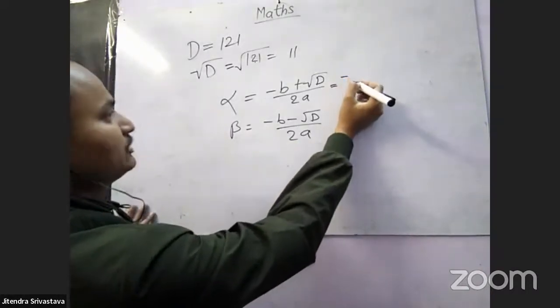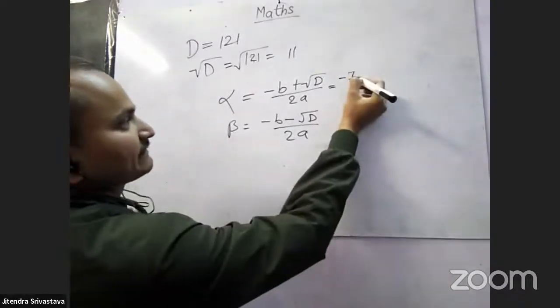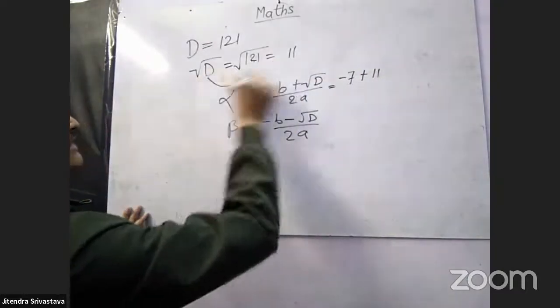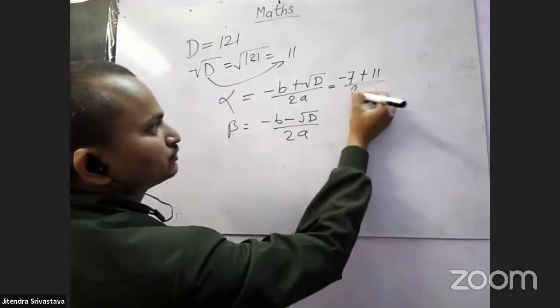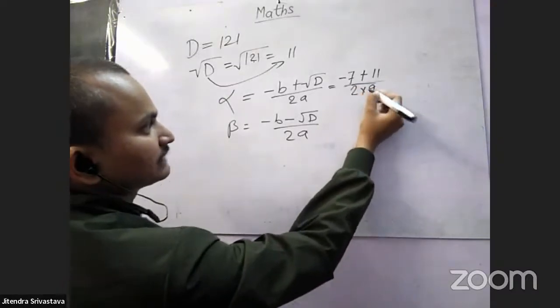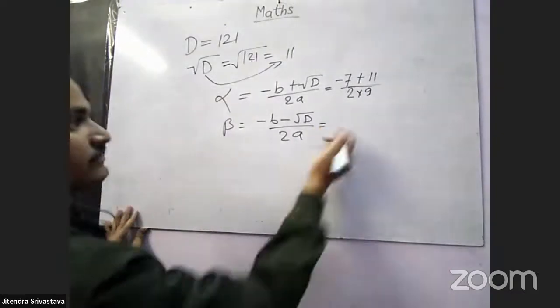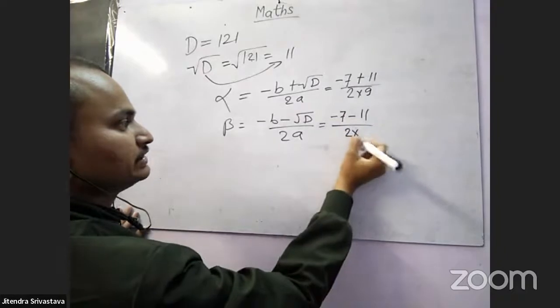Minus, and the value of b was 7, so minus 7 plus 11, since under root d is 11, upon 2 into 9, as the value of a was 9. Now for beta: minus 7 minus 11 upon 2 into 9.